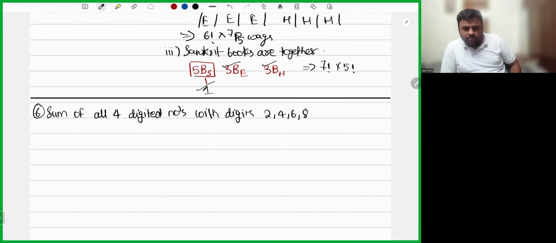Sum of all 4-digit numbers with digits 2, 4, 6, 8. Now, how will you do this? It's quite simple. We'll use the formula.